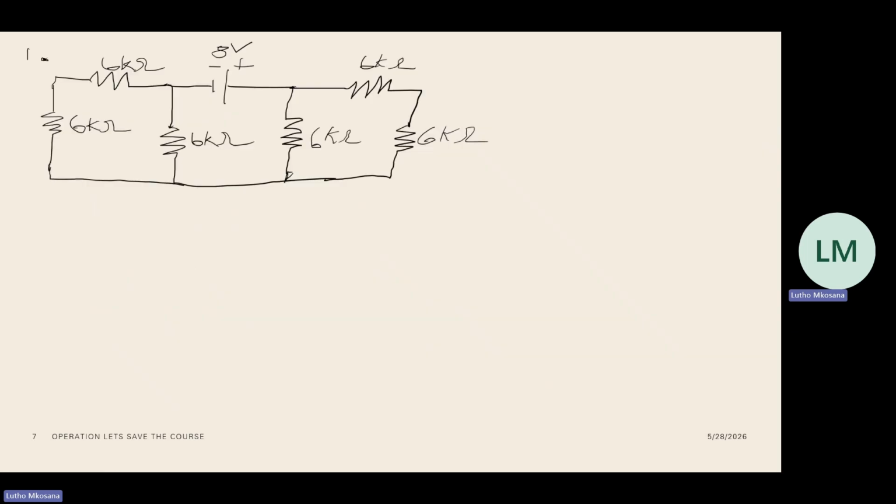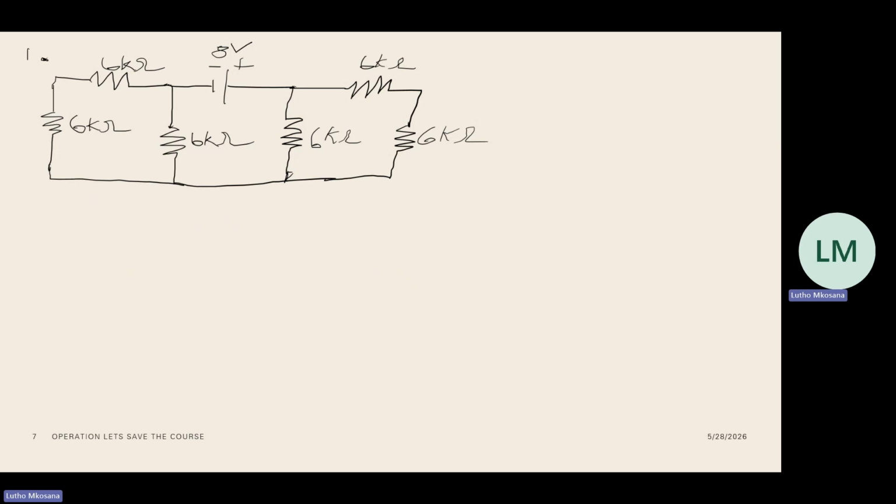We have this exercise here. In any complex circuit, which is a complex network, we need to simplify it even further.